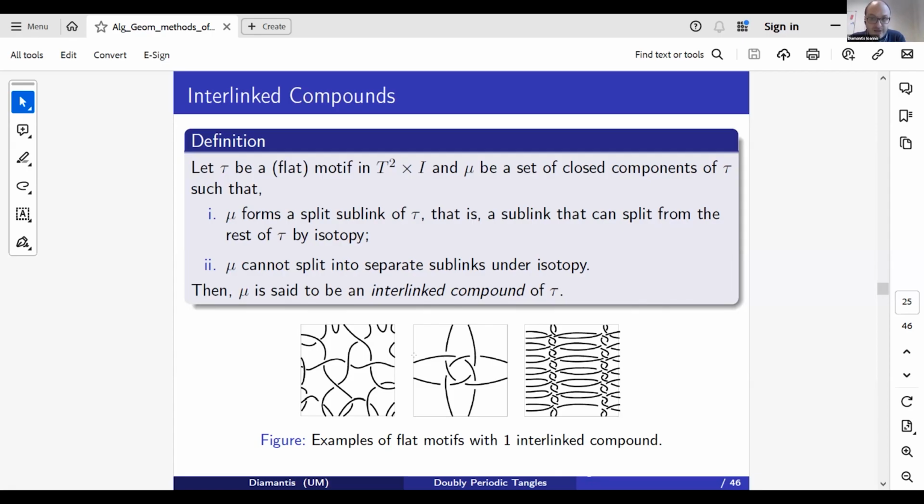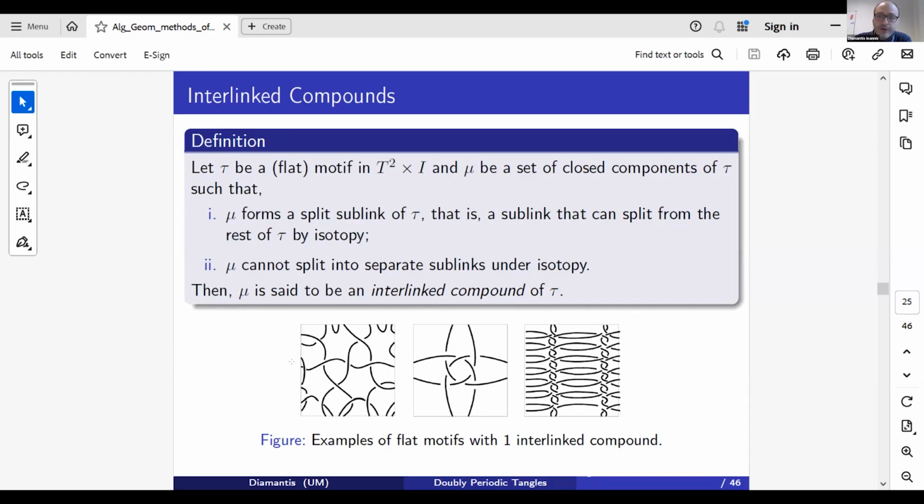So yes, this is essential, and we realize immediately that it's not only around the meridian, it's not only around the longitude, it's both. So this is very, very complicated. While this one on the right, although it's not a knot, but maybe many, is very complicated. They are interlinked in a very complicated way. And on the left, I think that we have a knot. If I remember correctly, this is also a knot, the leftmost figure.